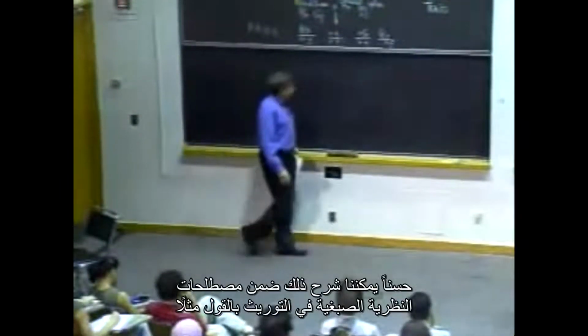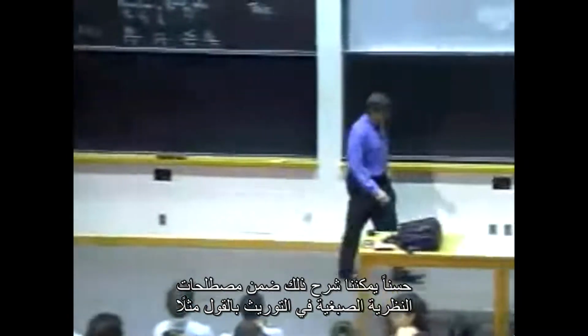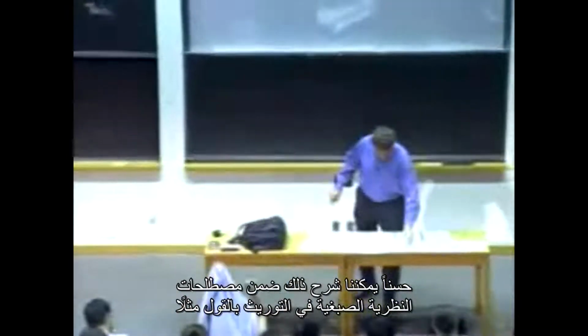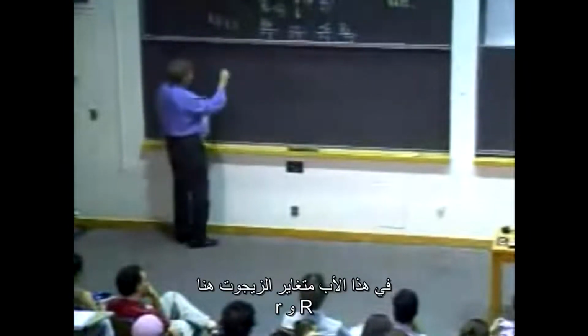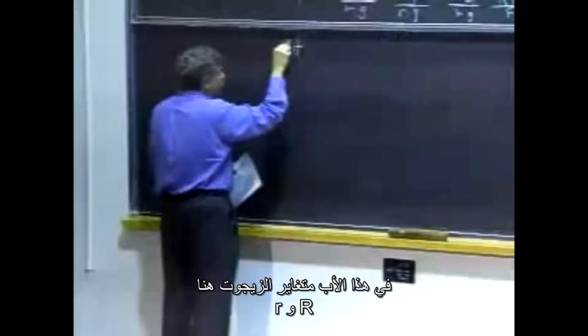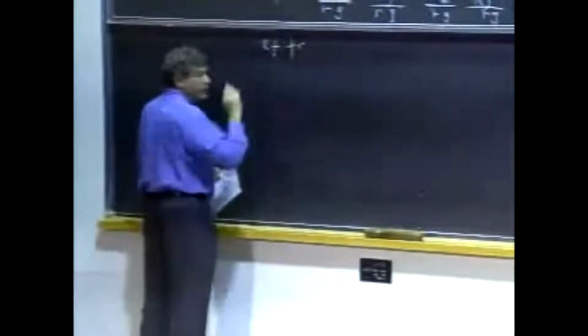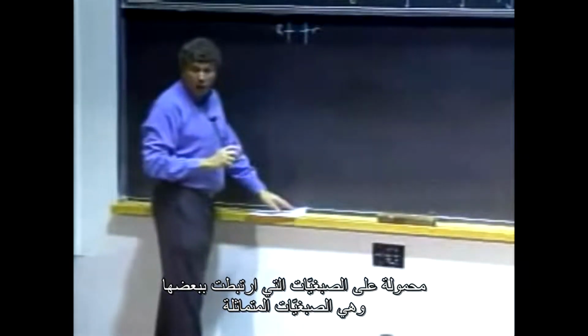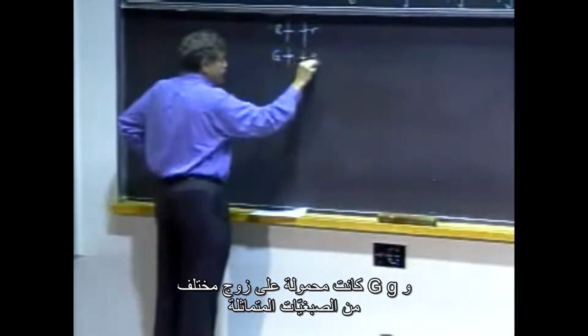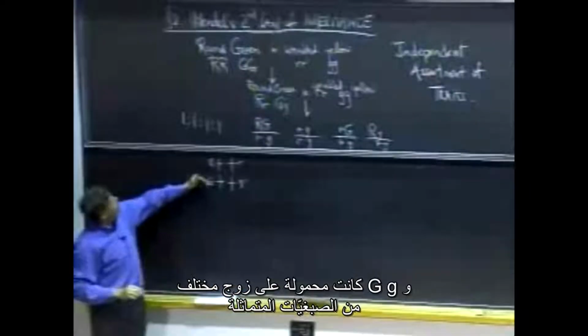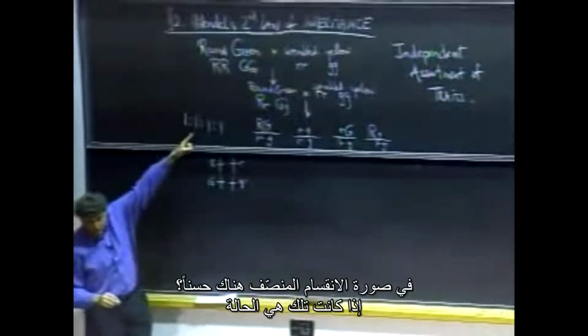Well, we could explain this in terms of the chromosomal theory of inheritance by saying, for example, that in this heterozygous parent here, big R and little r were carried on chromosomes that paired up with each other, homologous chromosomes, and big G, little g, were carried on a different pair of homologous chromosomes in my meiosis picture there. Okay?